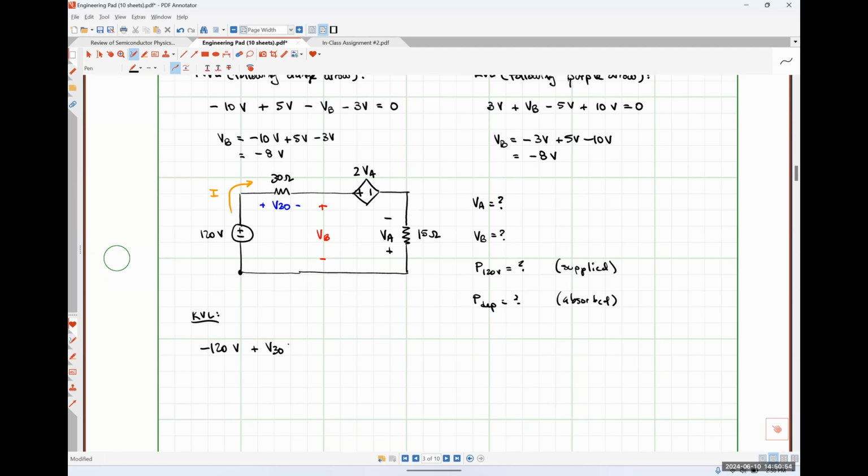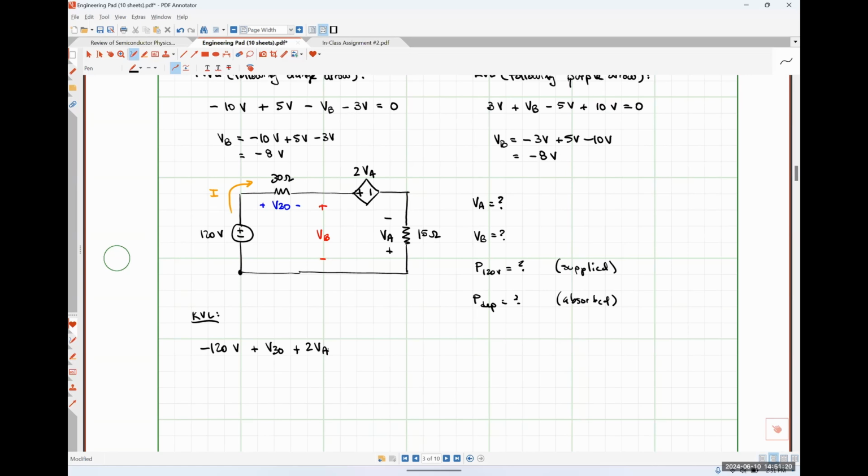Yep. All righty. So what's the next thing that I see? Plus 2 VA. Plus 2 VA, all right. And what's the next thing that I see? Other resistor.